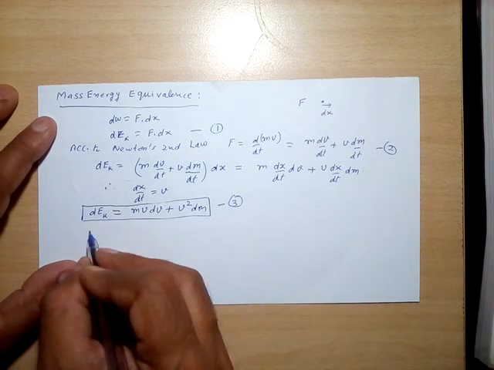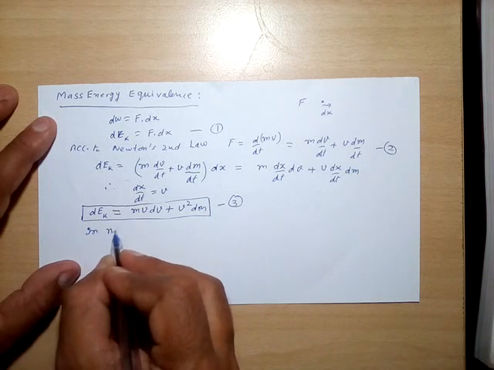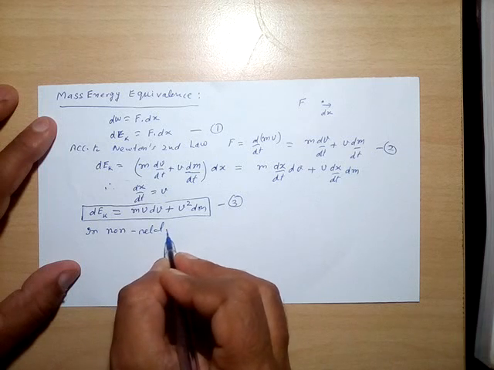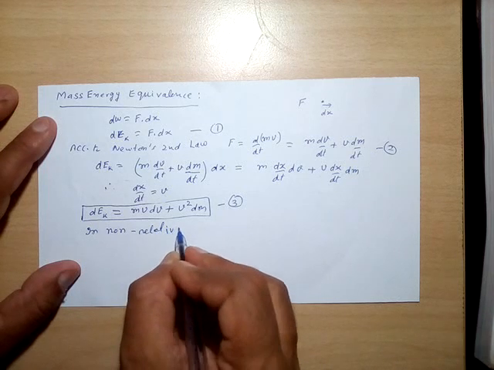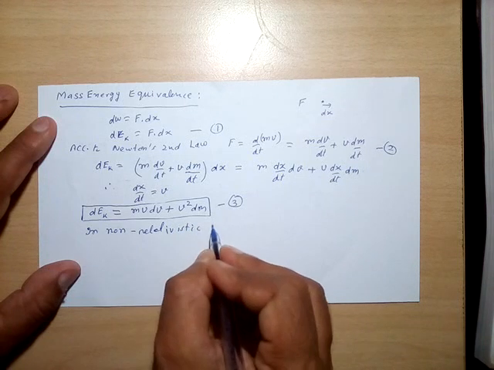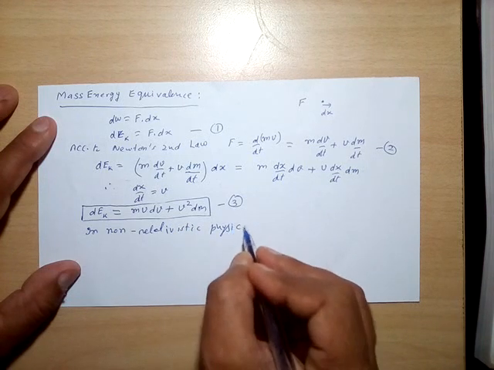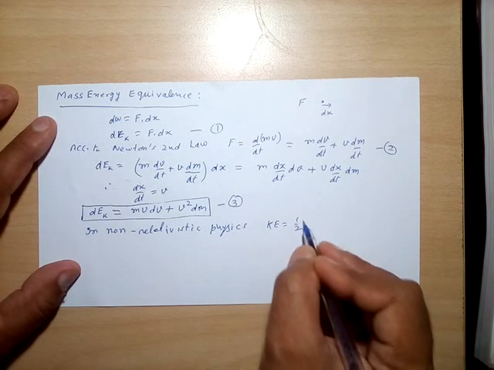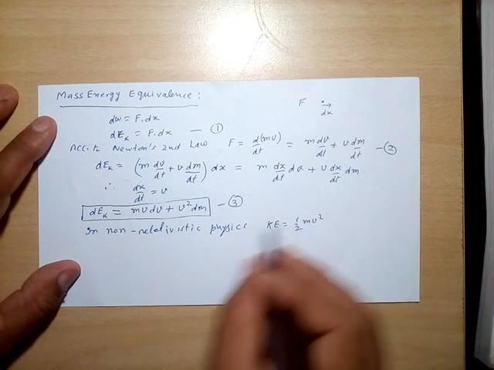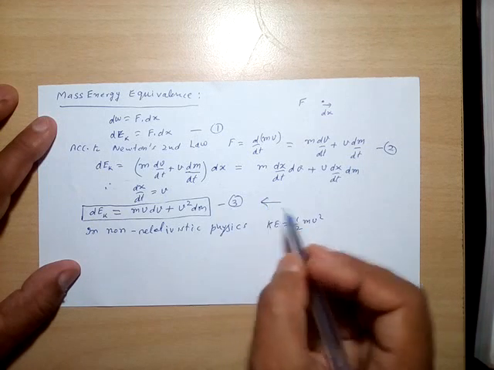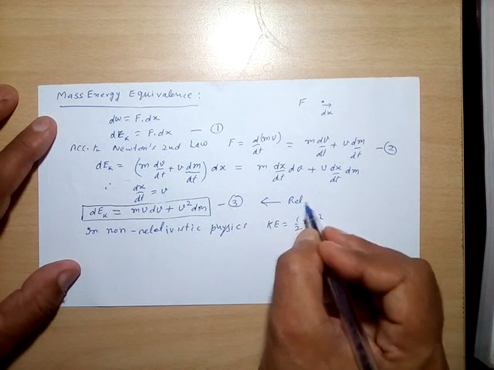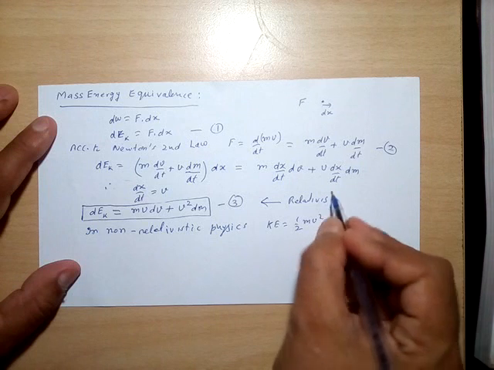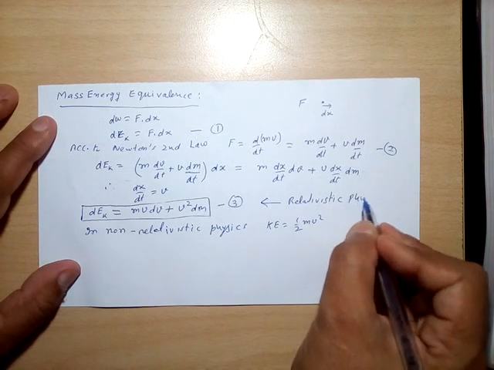We know that in non-relativistic physics the expression for kinetic energy is half m v square, and this is the expression in relativistic physics.